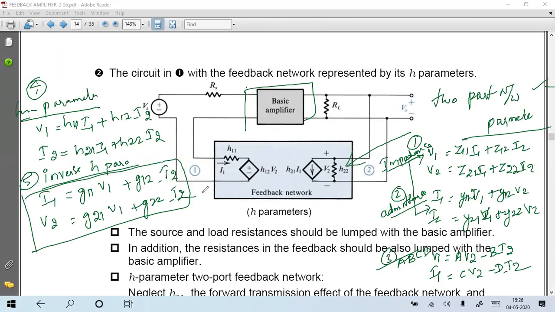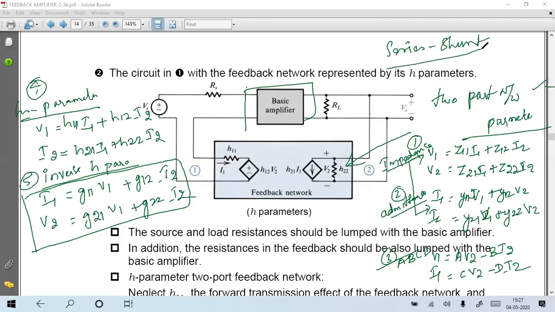Now we have four topologies. All feedback networks are represented by a corresponding one of the two port networks. Now this network is a series shunt network.